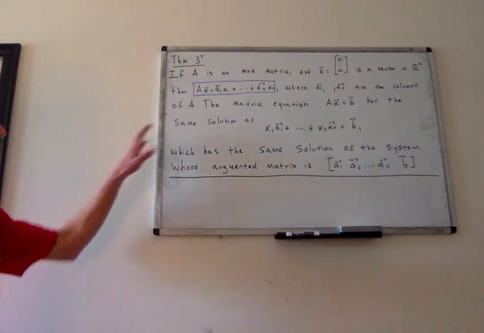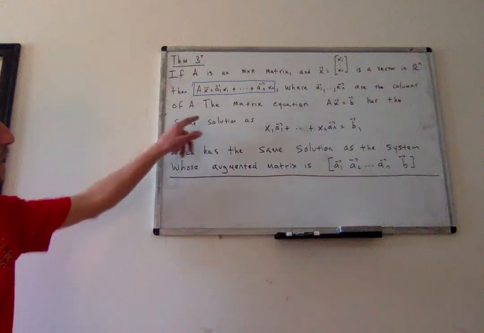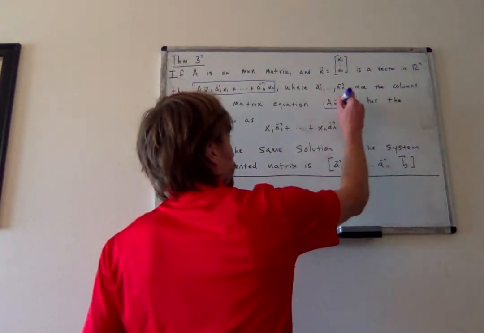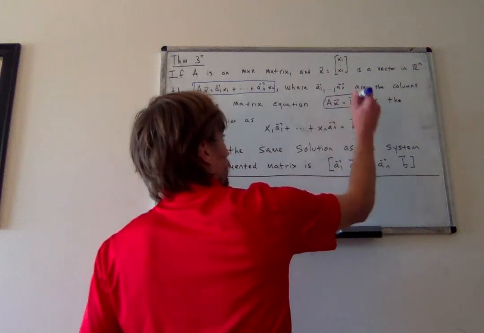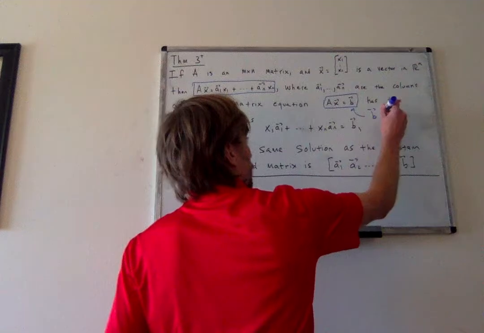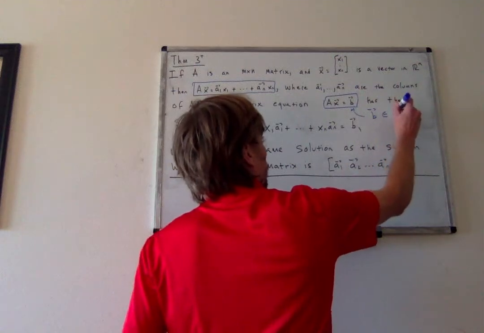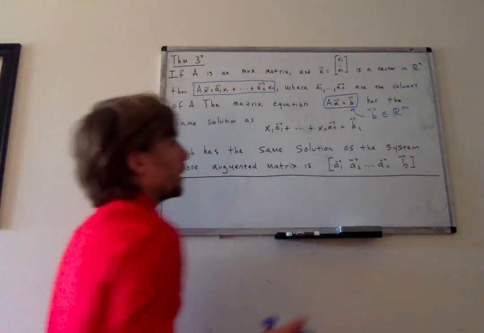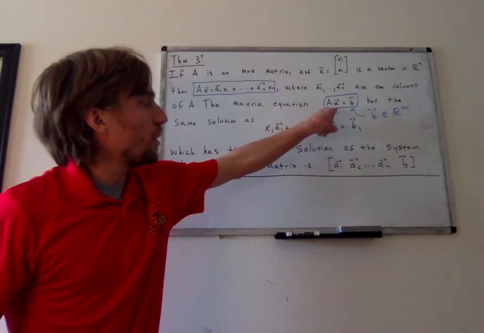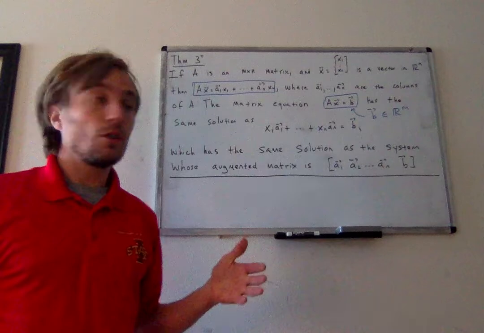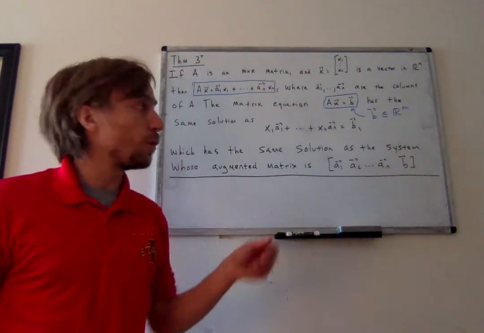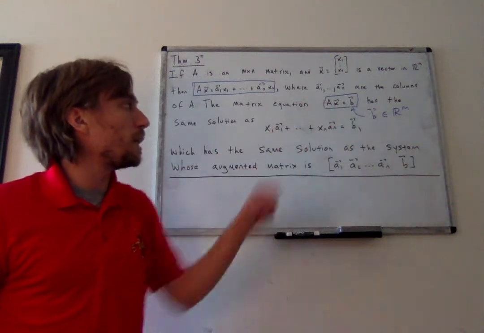All right, so the bulk of theorem 3 says that the matrix equation Ax = b. And remember from last video as well, Ax is a vector in R^m, and so we're assuming that b is also a vector in R^m. What this equality is asking, if we've got this vector of variables x, is can we find a vector x with suitable variables that makes Ax equal to b?